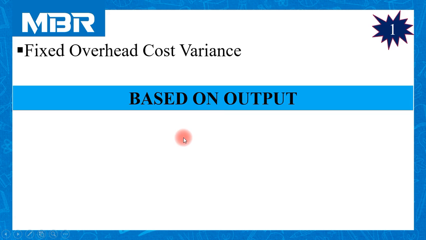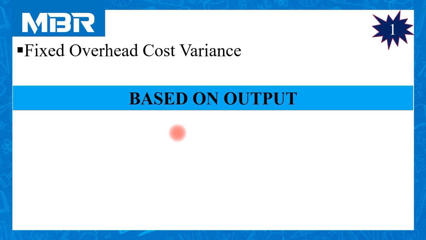As it's the very first question, I will calculate fixed overhead cost variance using all three methods just for your verification purpose. And it is also advisable to do so in the examination. It is also to your benefit to cross-check the data, whether you are on the right track or not.